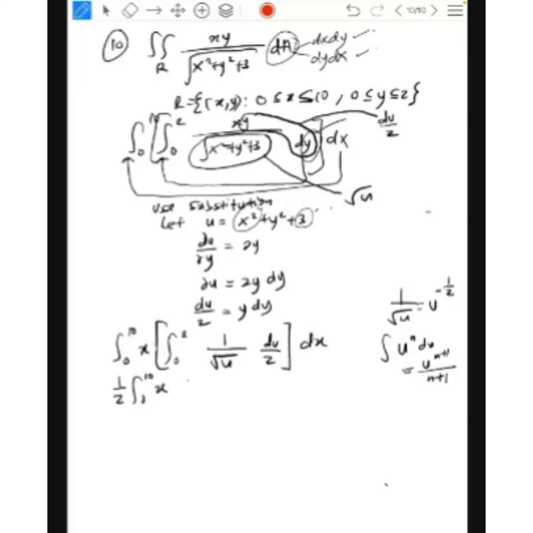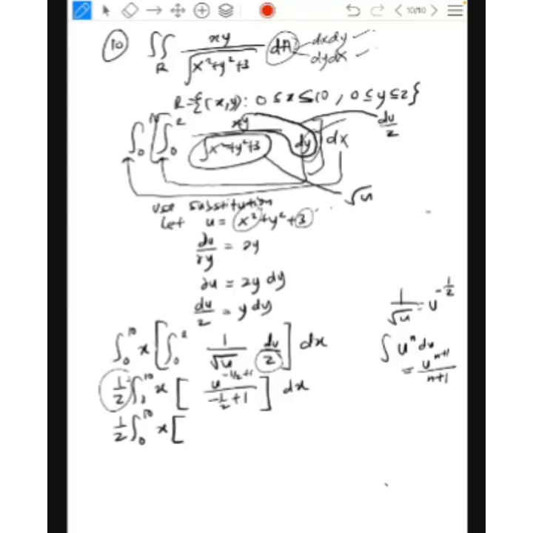So the answer would be u to the negative 1 over 2 plus 1, over negative 1 over 2 plus 1. The 1 over 2 I have already taken out here. Okay, dx is still there. You cannot substitute the value 0 to 2 yet, because 0 to 2 is for y. So you have to substitute back your equation in terms of y.